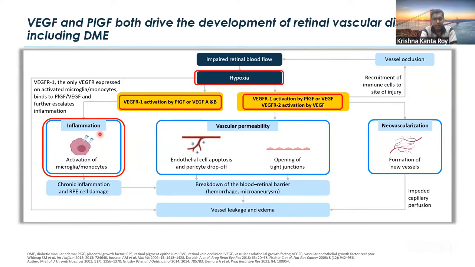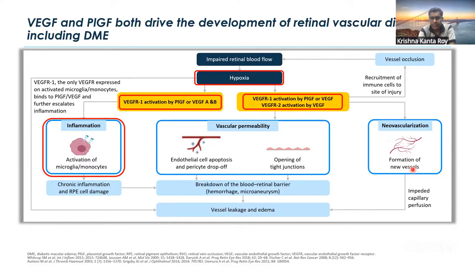So RPE cell damage causes outer blood retinal barrier loss, and endothelial cell damage with loss of tight junctions causes inner blood retinal barrier loss. Ultimately these two cause vascular leakage and edema. Along with this, there is another factor. VEGF also promotes formation of new blood vessels, called neovascularization.